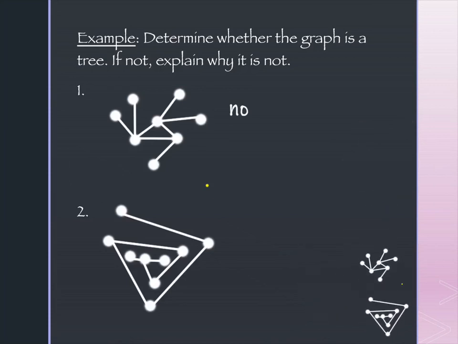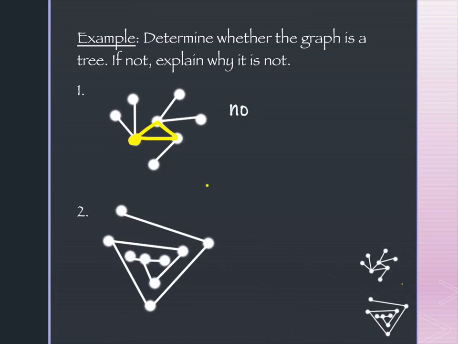Okay, so in this graph, there is a circuit in the middle. It doesn't really matter that it's in the middle, but that's where this one happens to be located. I can start at any one of these three corners, the corners of this triangle, and I can go around and get back to it. So I have a circuit, and since I have a circuit, this is not a tree.